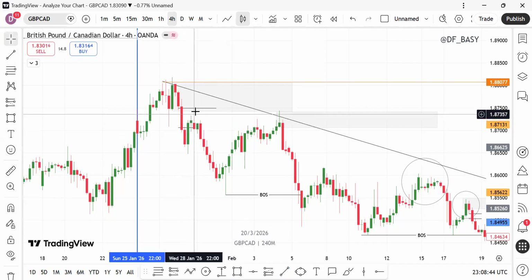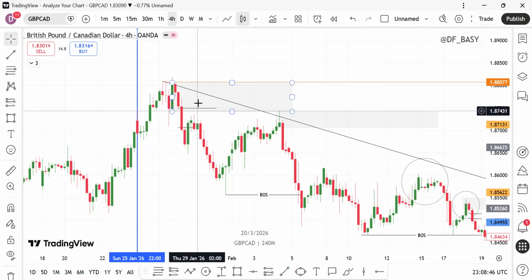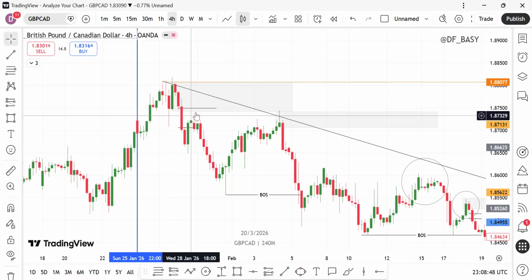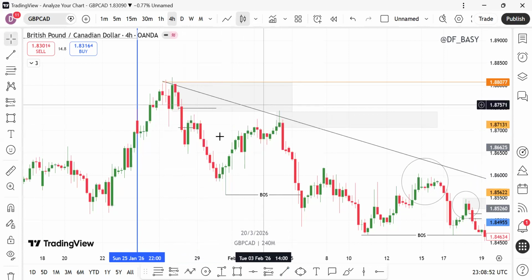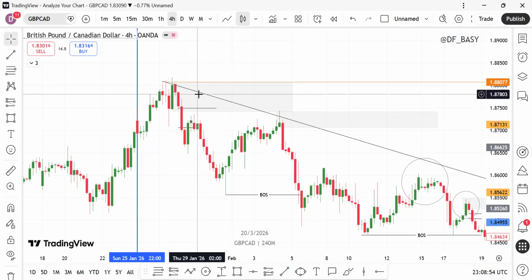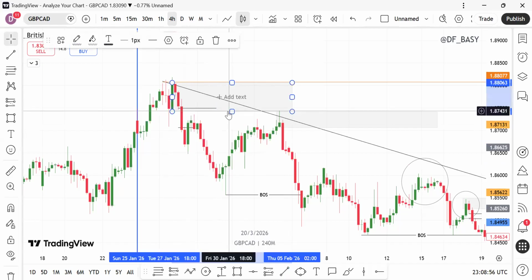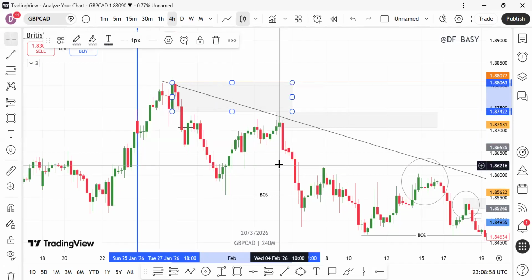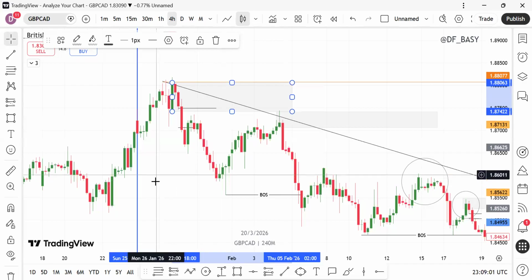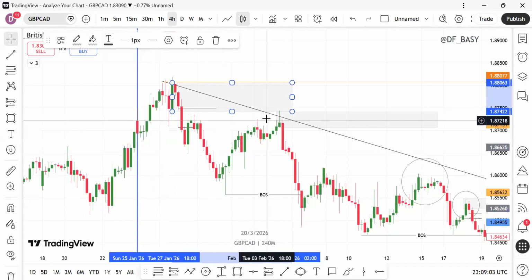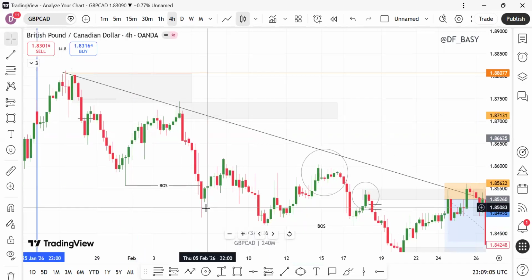And the imbalance was not mitigated fully. Because if it was mitigated, you need to tap the block. So this one just taps the imbalance, then sold off. If he tapped the block, then this block would have been invalid, and I would have been looking for another block. But this is the block that broke structure to the downside. Then this is another block that broke structure.